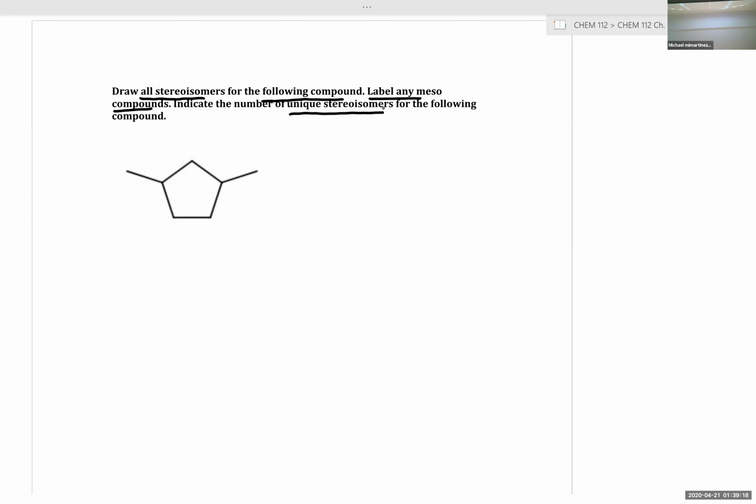Anyone have any questions so far? And don't be shy once you have a reasonable answer for the number of unique stereoisomers to send a message, just so that way we can have a nice discussion and talk about all the proposed answers. Once you have the maximum number, try drawing out the stereoisomers and seeing if you have any meso compounds, any compounds with planes of symmetry.